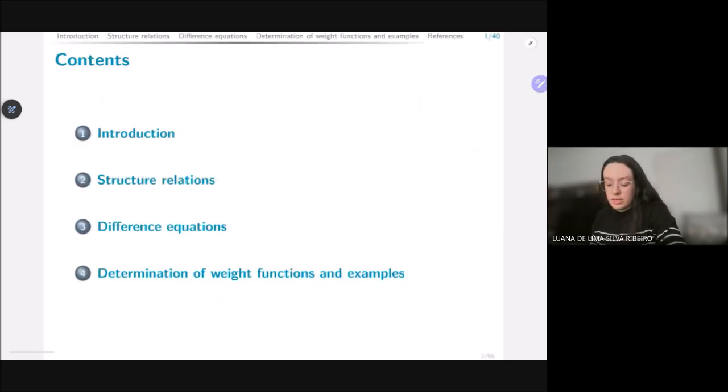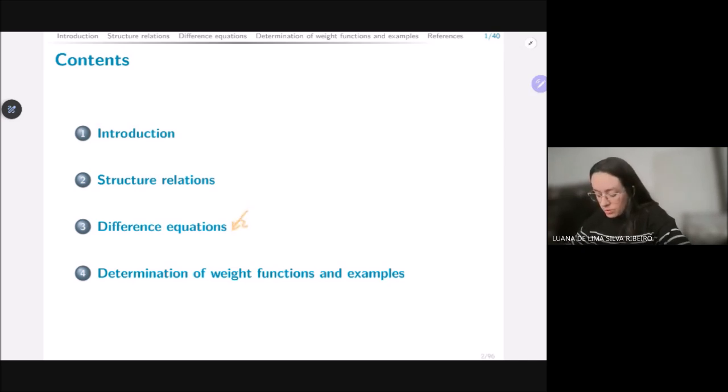I divide the presentation in four parts. In the introduction, I will recall some definitions about orthogonal polynomials on the unit circle and some basic properties. In the second part, I'm going to talk about structure relations, that is, some finite relation that involves the polynomials and their derivatives.